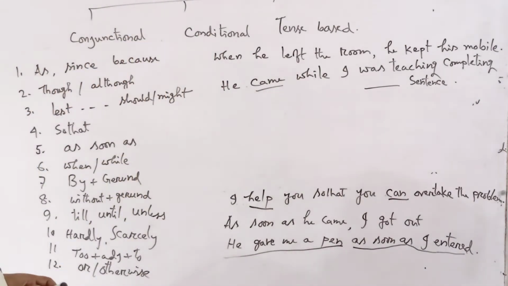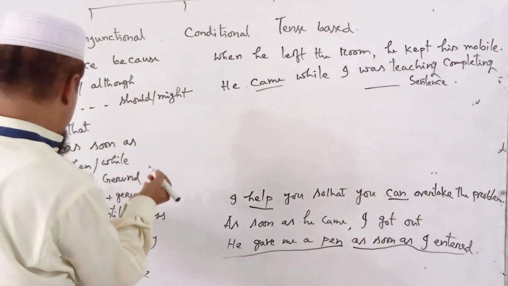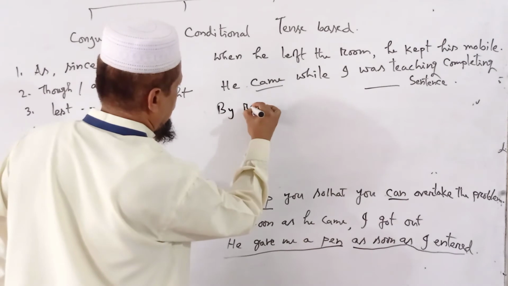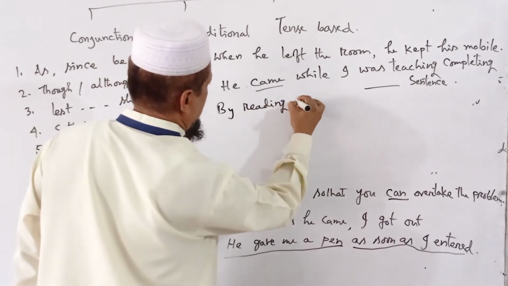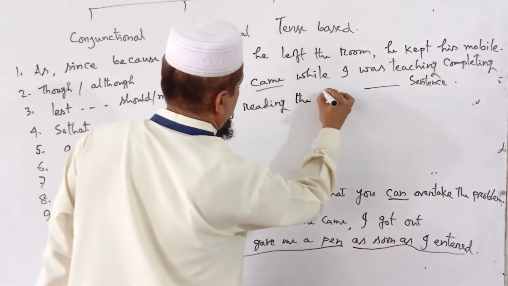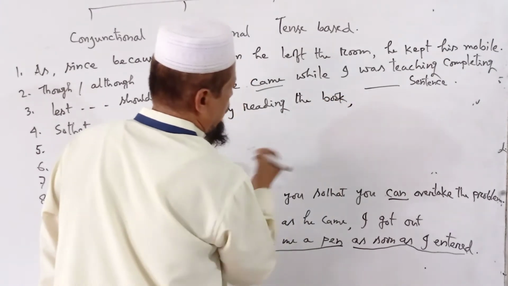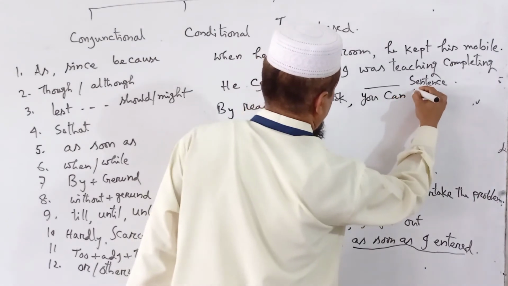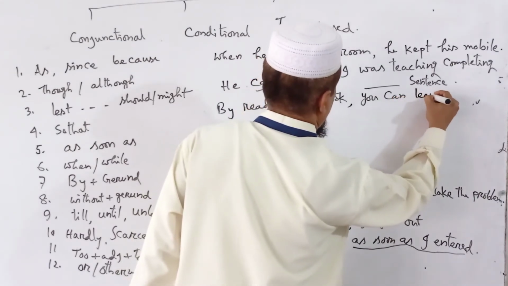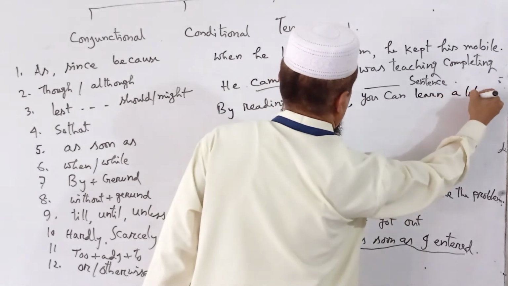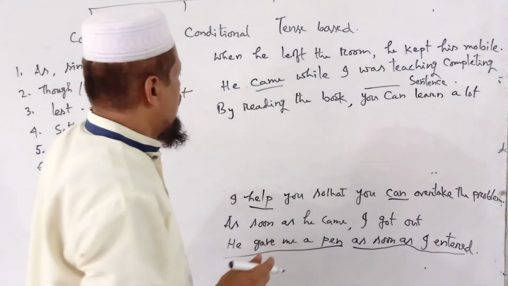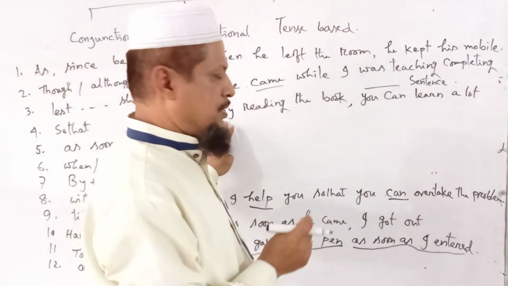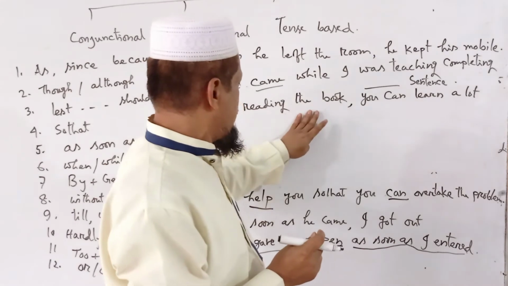Now come to number 7. By reading the book, you can learn a lot. If there is by, it conveys a simple meaning, and it is known as a simple sentence.